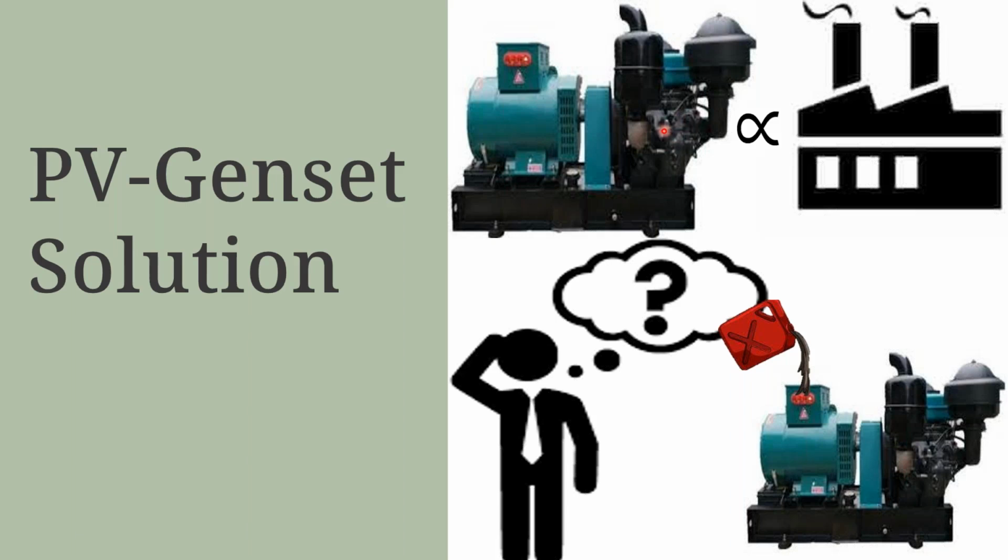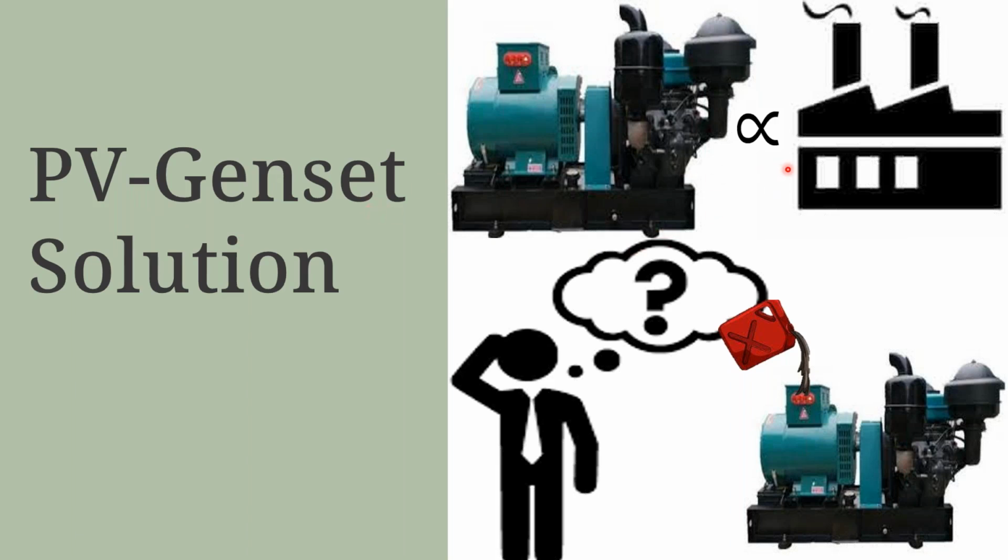Once this happens, a higher power is generated from the genset. But of course, the more fuel is consumed, the higher the power generated to meet what is requested from the load point. So what this means is that if it is possible to alleviate the fuel consumption, it will make a whole lot of economic sense. And the best way to do this so far is by injecting PV into the system.